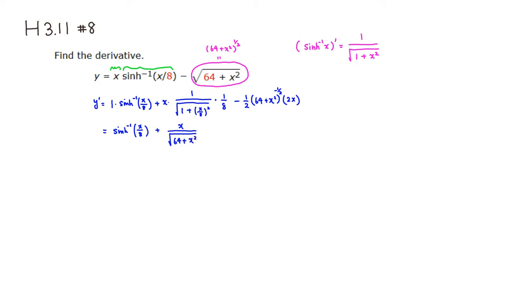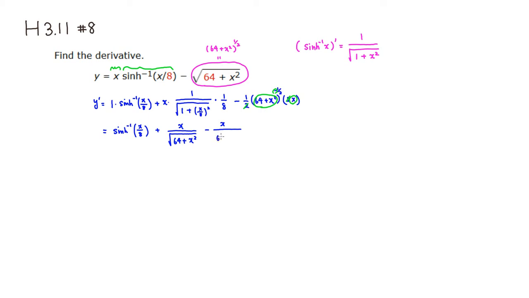And the last term is going to be, there's a 2 on the bottom and 2 on top, they cancel out. And we're subtracting, so x is going to be on top, over, and you have a negative power with the quantity 64 plus x squared.